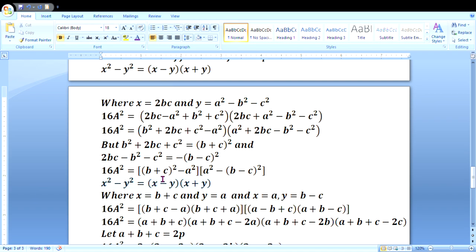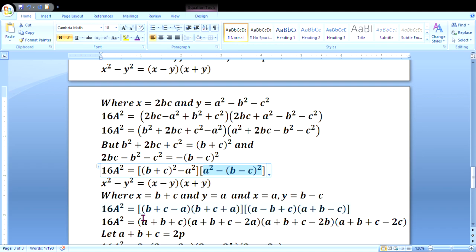Then you can also see that these expressions are also a difference of two squares. Where x is from this expression here, x is b plus c and y is equal to a. Then for this expression here, x is equal to a and y is b minus c.